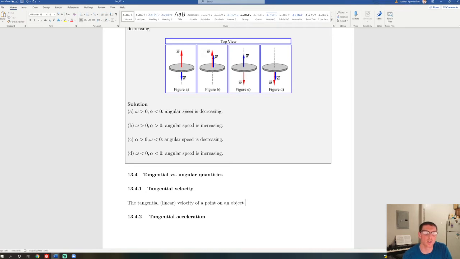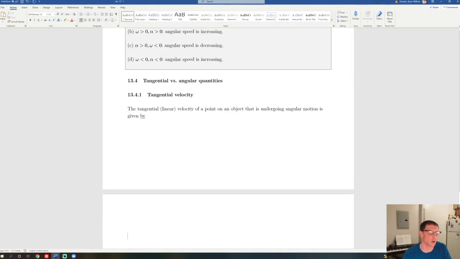It's like, let's say you have a globe and you find Pittsburgh on it and then you spin the globe around. What we would be solving for here is the tangential velocity that point on the globe has. So I'm going to say the tangential linear velocity of a point on an object that is undergoing angular motion is given by, and as I said, it was a cross product, right?